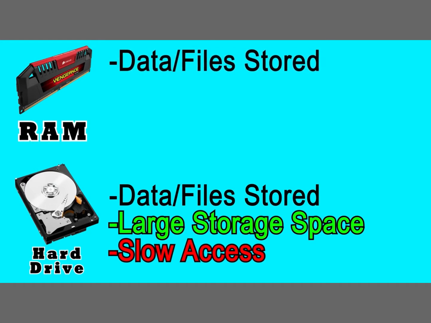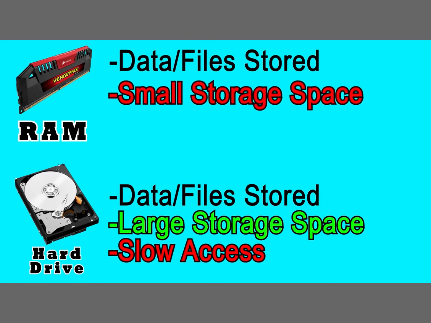RAM is another form of storage, but RAM sacrifices storage space for nearly instant accessibility. Unlike your hard drive, which sends all of its data through a little tiny wire, your RAM is arranged in this long fan stick that inserts into your motherboard.